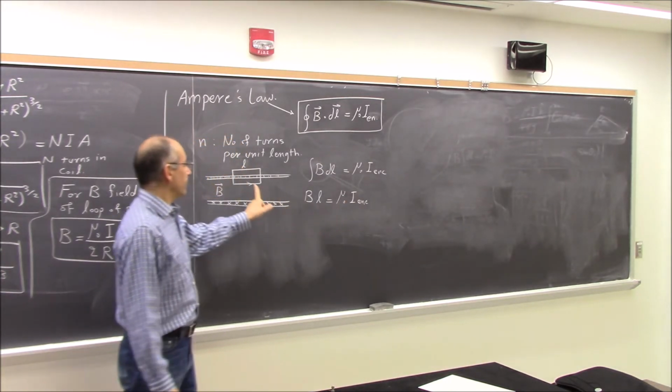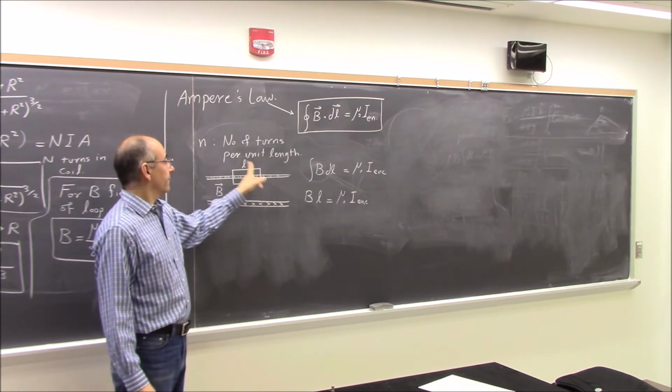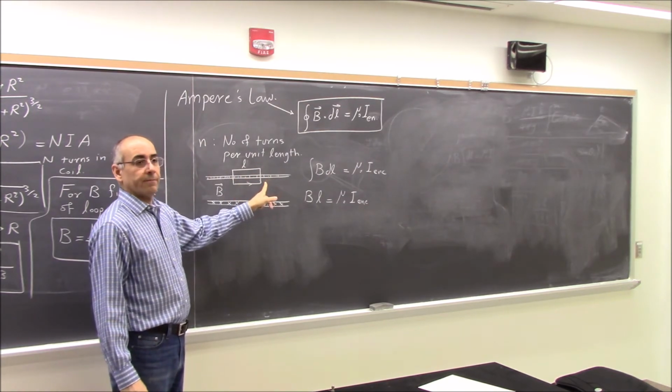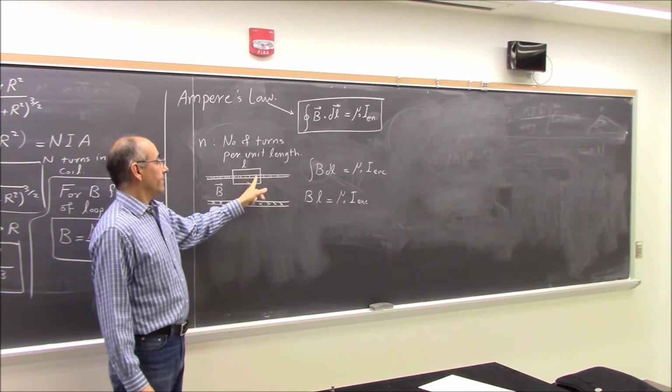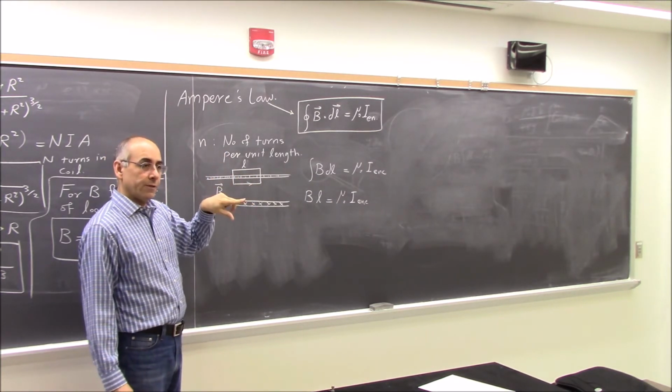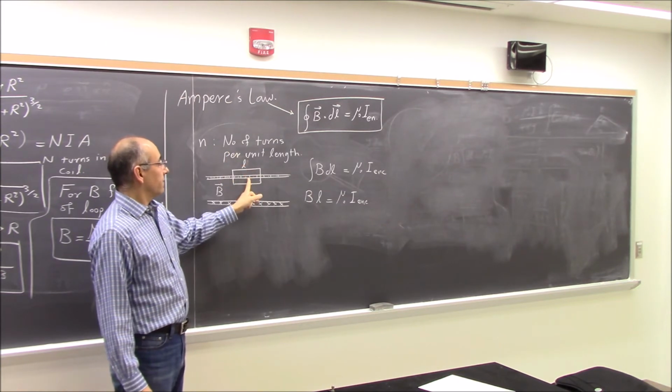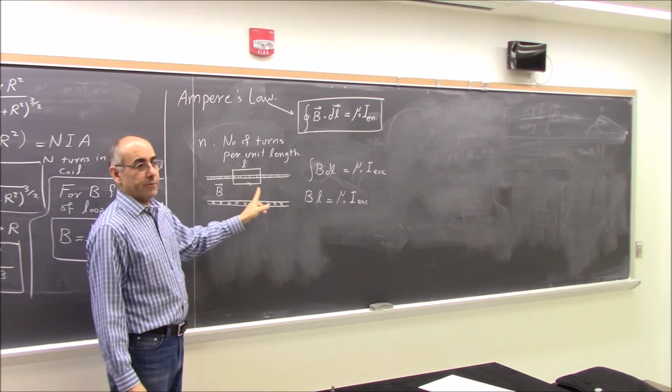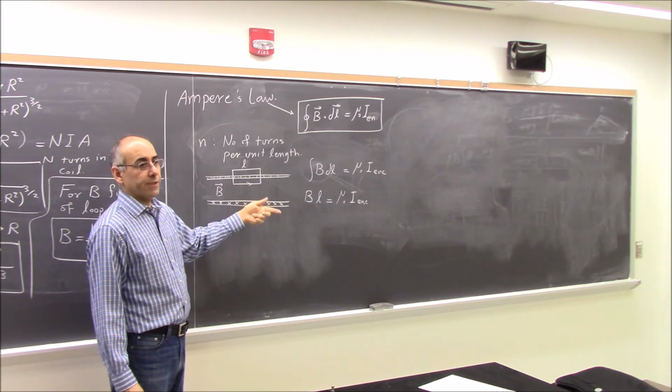How much current is going through this loop? So we have to use the current in each loop to find the total current going through this Amperian loop. What do you think?